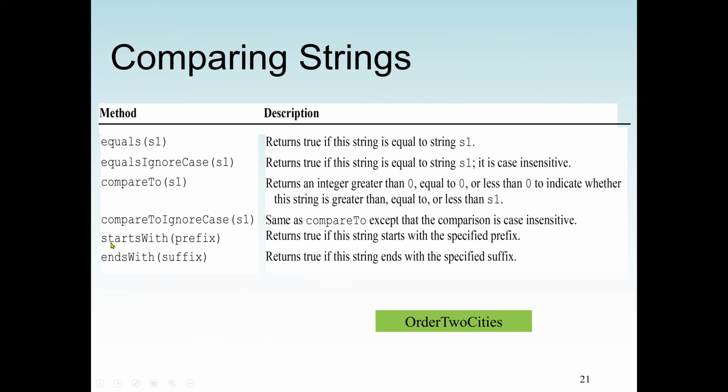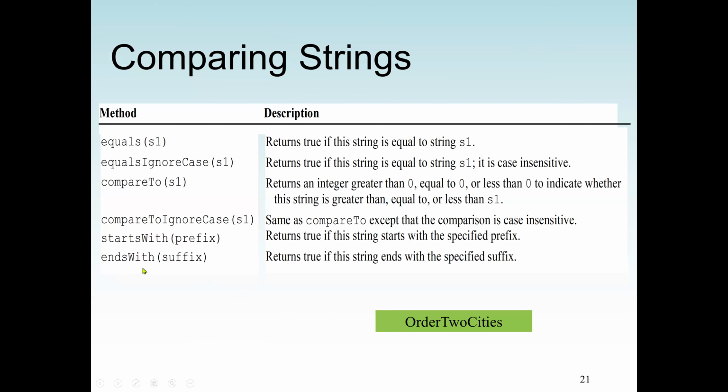We also have a method startsWith. This means we want to know what the string starts with. It will return true if this string starts with the specified prefix, the argument you have here. So maybe I may have startsWith "C" or "CH". If the string starts with it, then it will return true, otherwise it returns false.